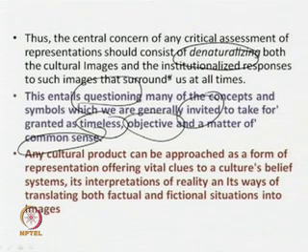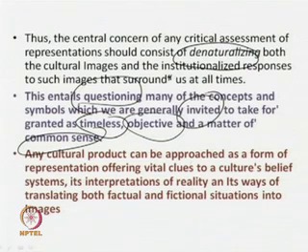It is only ideology that calls out to us to accept these as timeless and objective. Therefore, any cultural product can be approached as a form of representation, offering, look at this, vital clues to a culture's belief system.